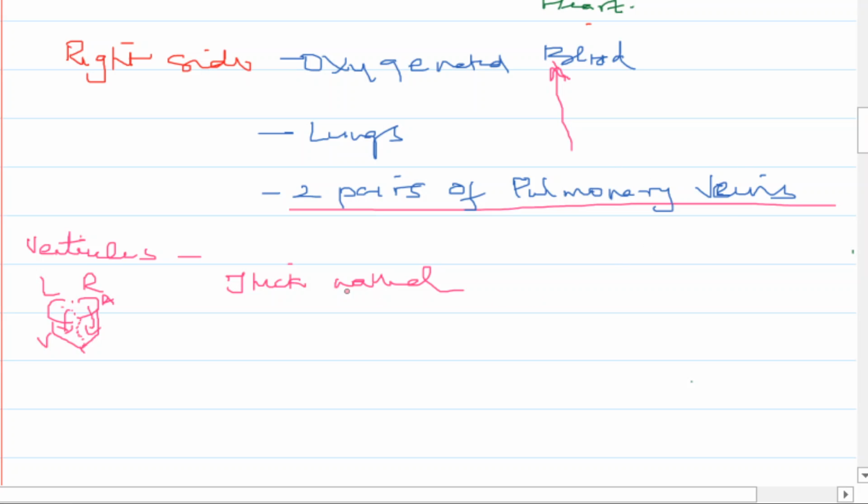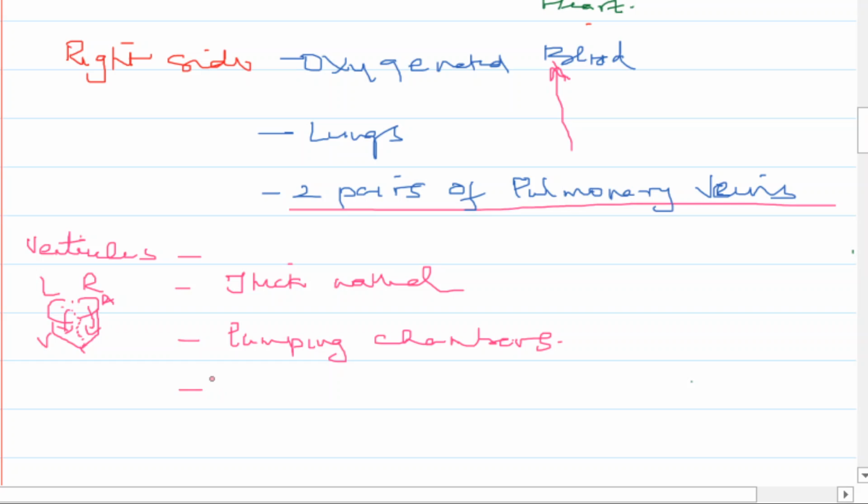Okay, so these are thick-walled, the pumping chambers, and these are the receiving chambers. But the ventricles, these are the pumping chambers, right? Remember we said they are the pumping chambers. So that means the vessels coming out take blood away from the heart.